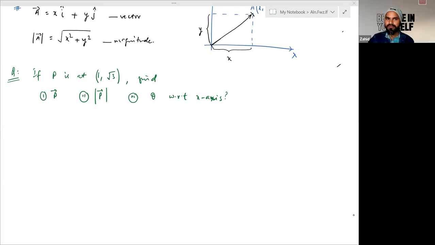Just see, we have x coordinate as 1 and y coordinate as √3. So vector P equals x component times i cap, so it will be 1 i cap, plus y component times j cap.